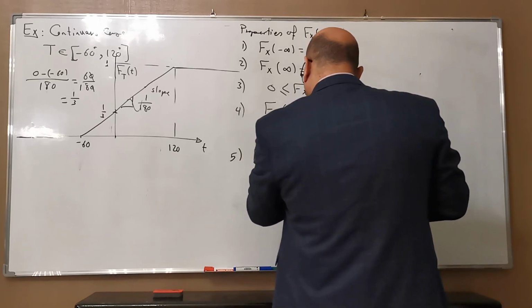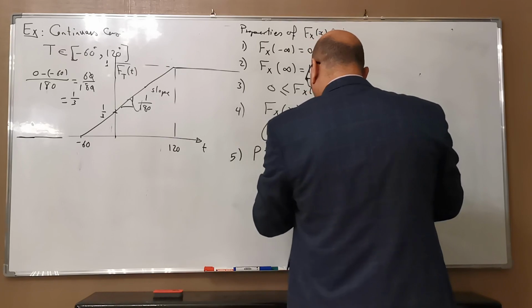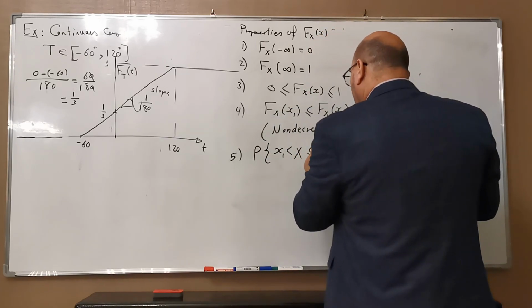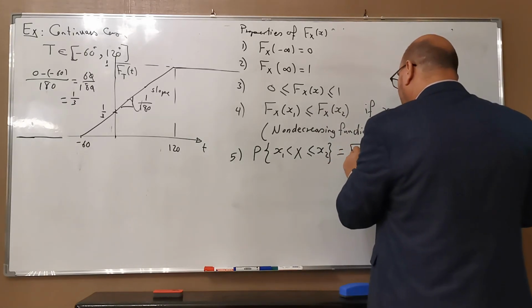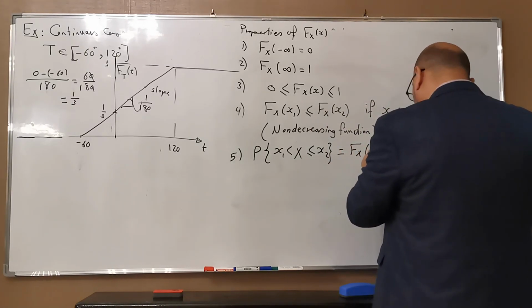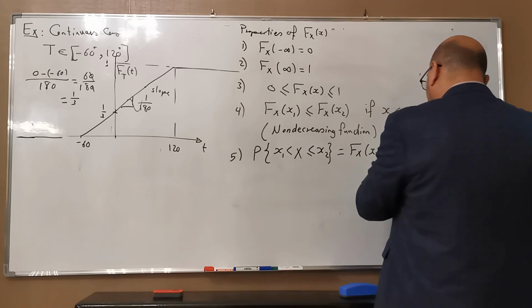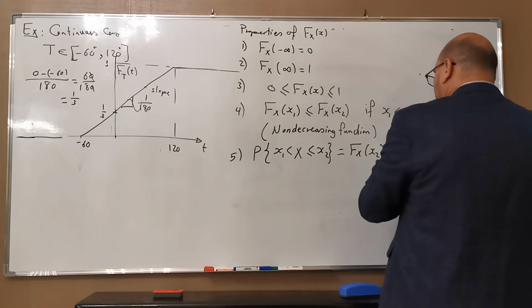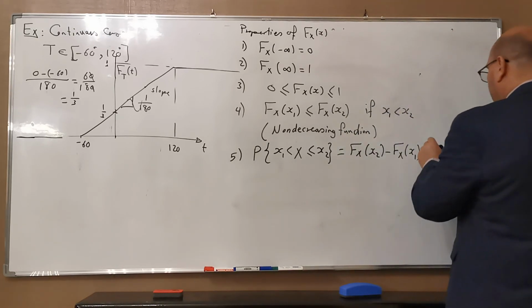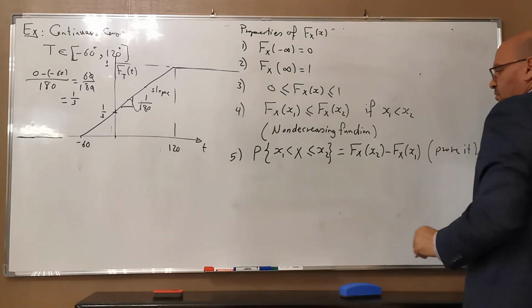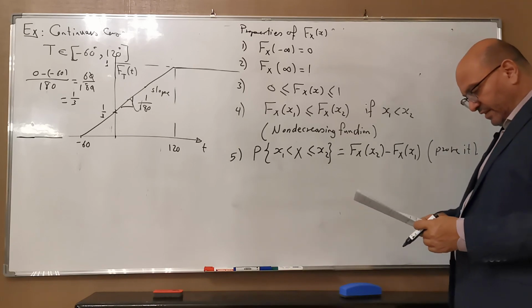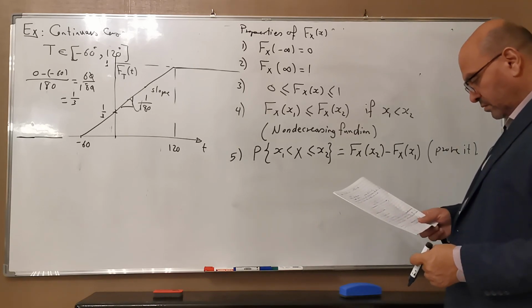Okay, 5. Probability of x between x1 and x2 is equal to fx of x2 minus fx of x1. Prove it. Yeah, I will leave it as an exercise for you to prove it.